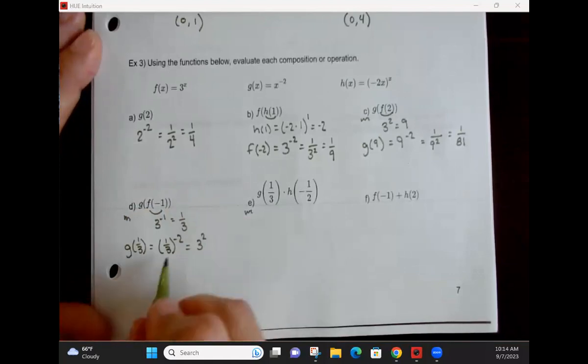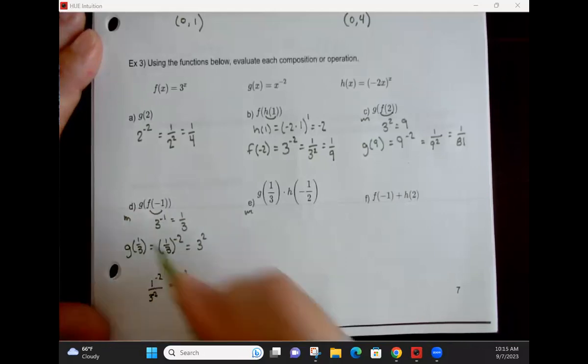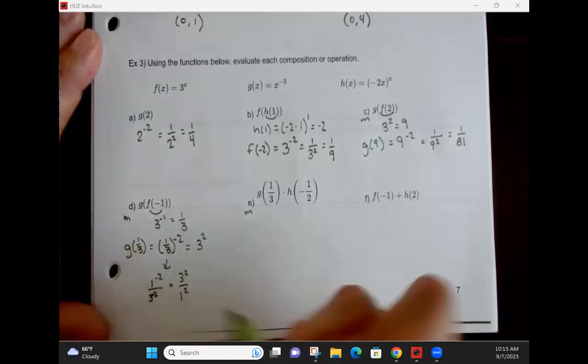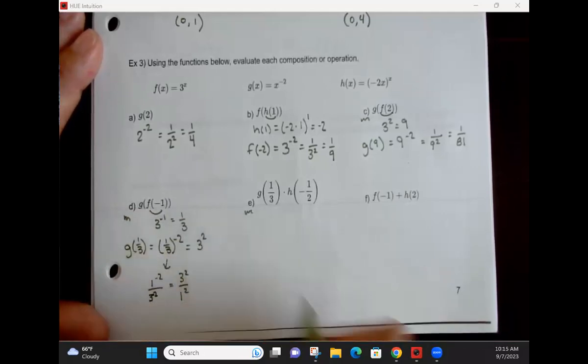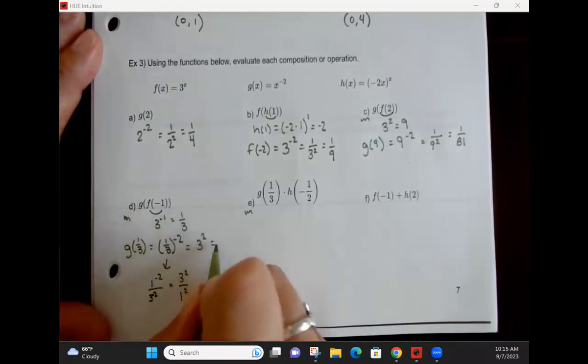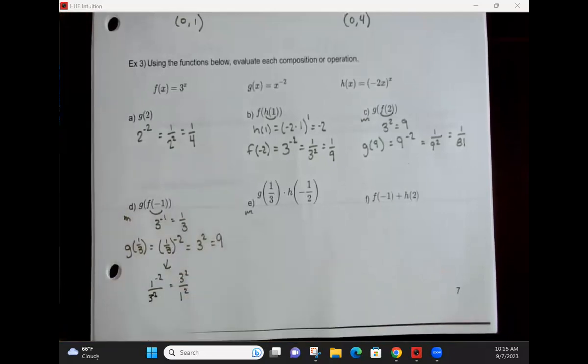If you want to take the long way on this one, we could say that we've got 1 to the -2nd over 3 to the -2nd. This moves to the bottom. Oops. This moves to the top. So you would have 3 squared over 1 squared. The other thing that you can do is the reciprocal of what you have inside your parentheses, which would be 3 squared. So we get 9 there.